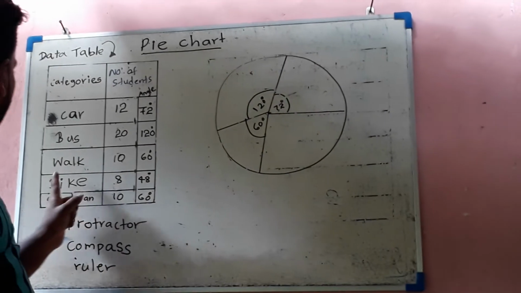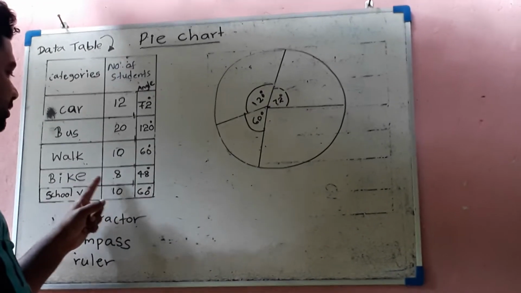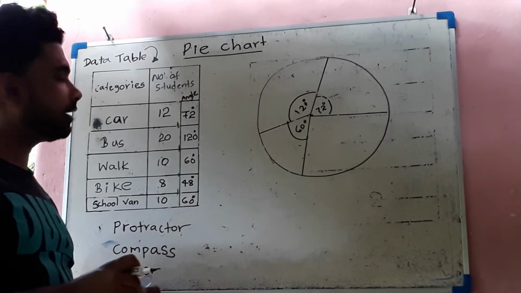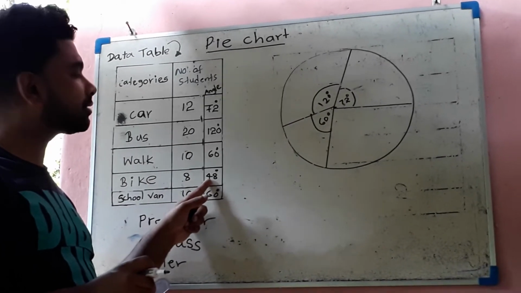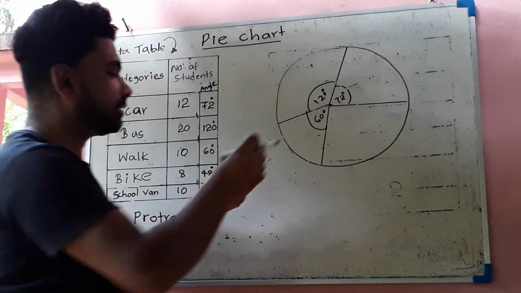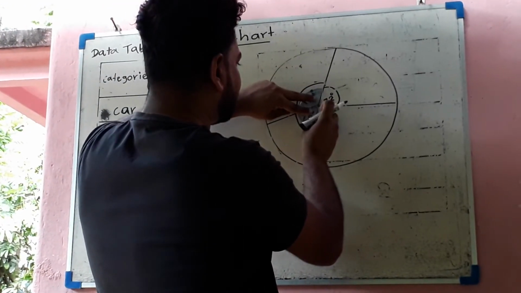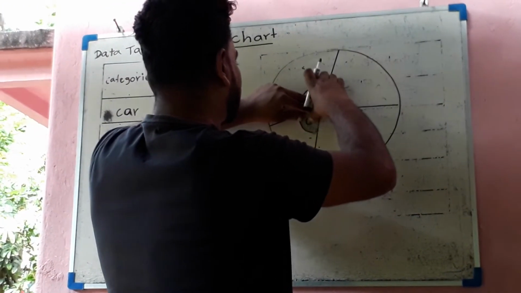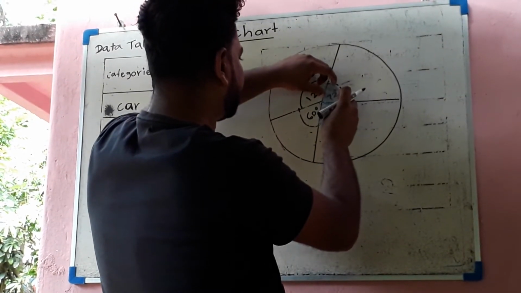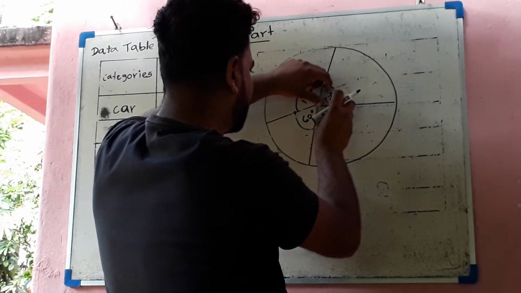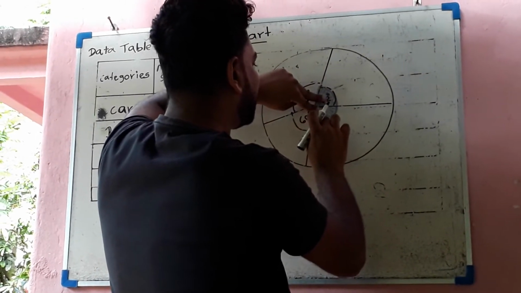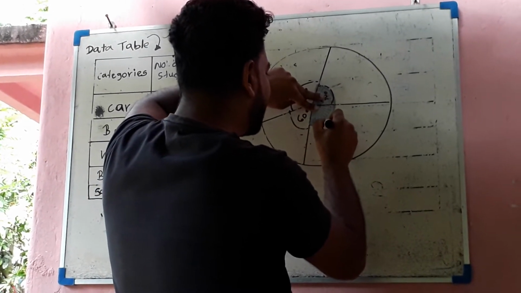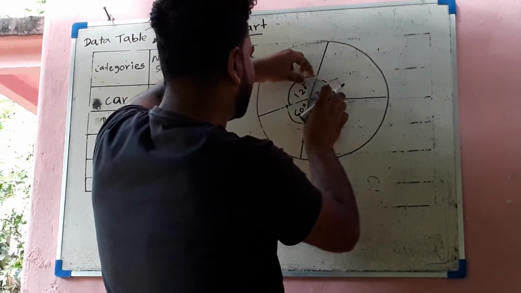Then for the students who come to school using bike, the number of students is 8, and the angle you should draw is 48 degrees. Now keep here. 10, 20, 30, 40, 45, 48 is this point.